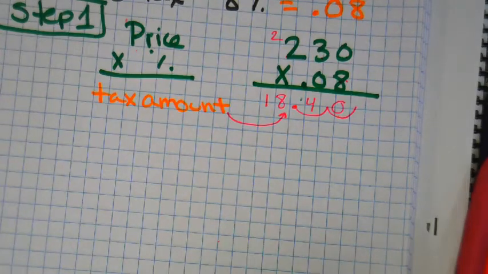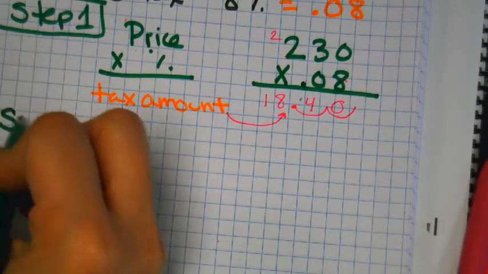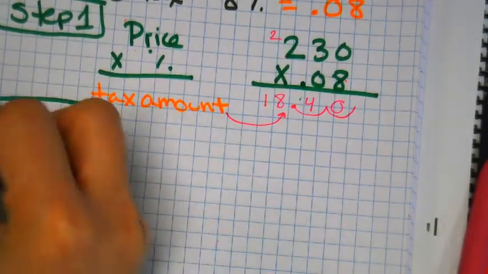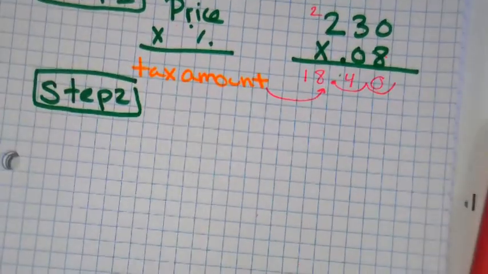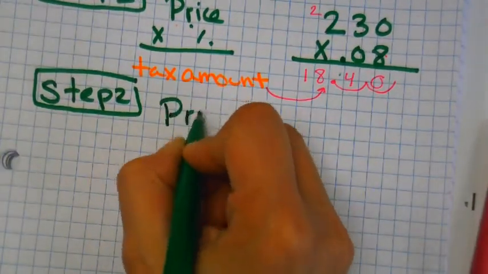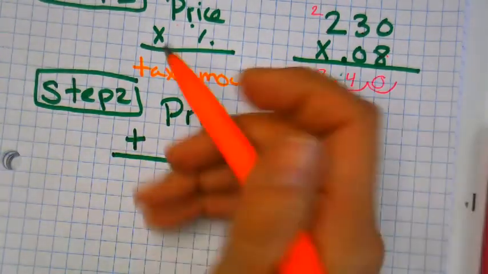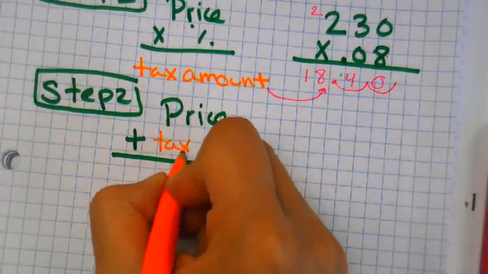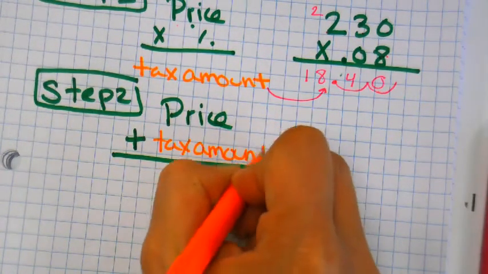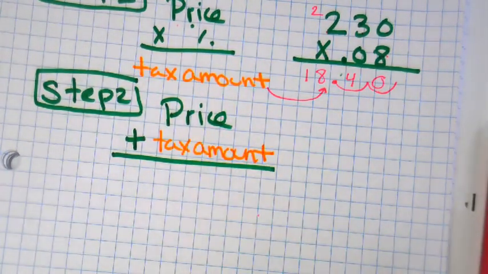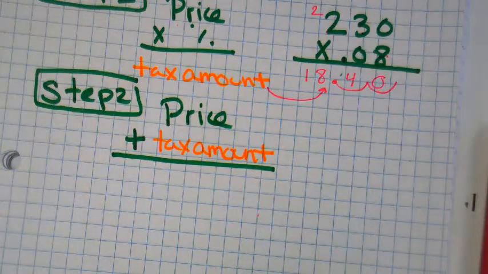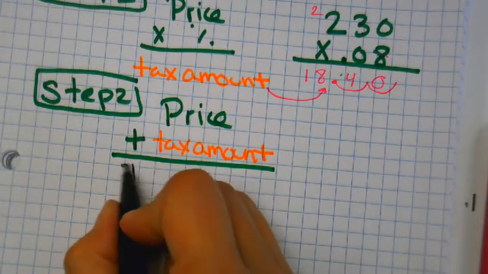All right. Step 2. In step 2, we're going to take our price and we're going to add our tax amount. And that will give us our total cost.